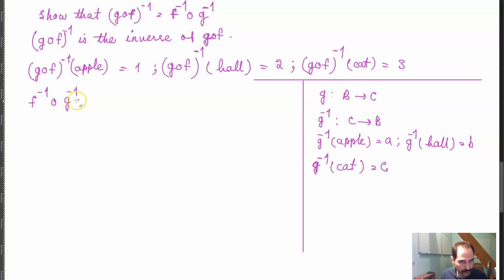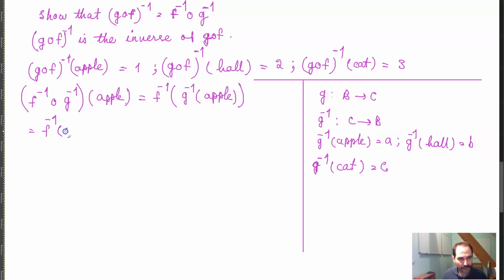So I can write f inverse composed with g inverse. I can try each of these different arguments of g inverse and write it as f inverse composed with g inverse of, for example, apple, right? Then I can write it as f inverse of g inverse of apple, and g inverse of apple, as you can see, is equal to a. That means it's f inverse of a.